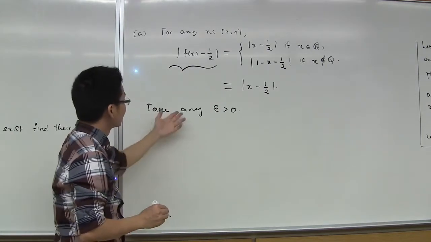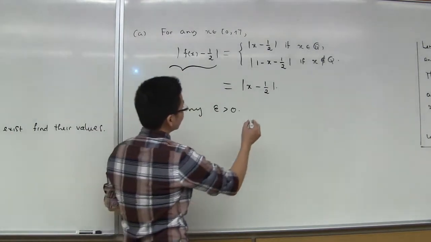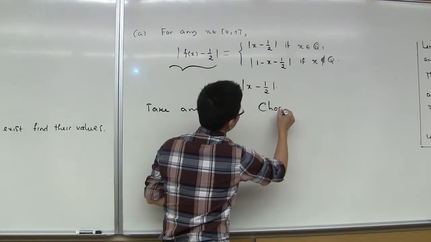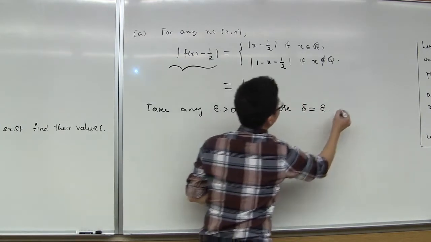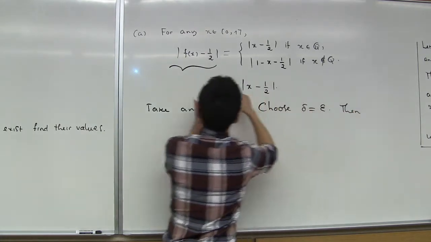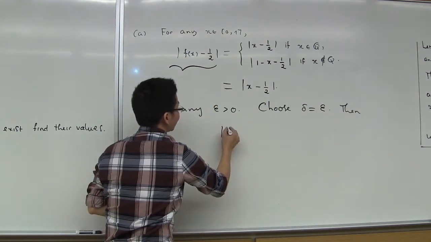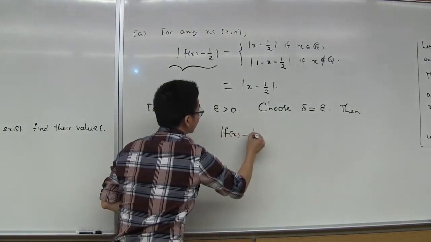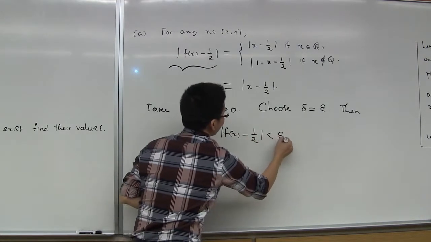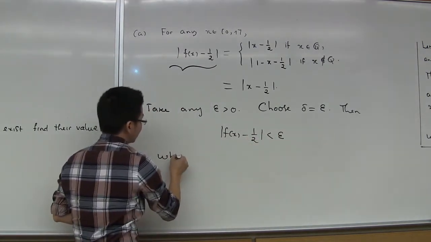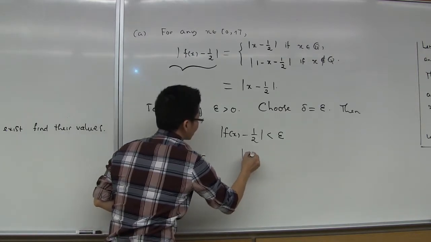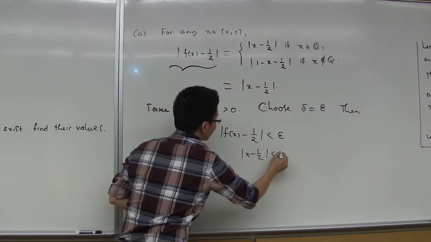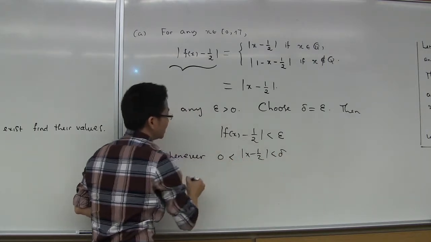Okay, so now take any epsilon greater than 0. We choose delta equals epsilon. Then from here we can see that the absolute value of f of x minus 1/2 is less than epsilon whenever the absolute value of x minus 1/2 here is less than delta and is greater than 0.